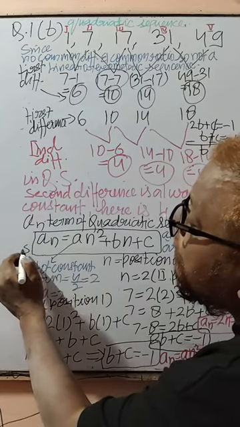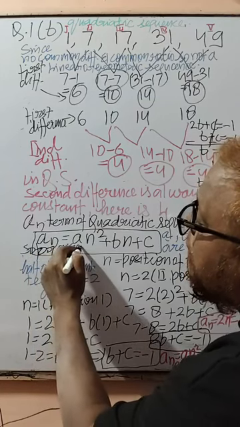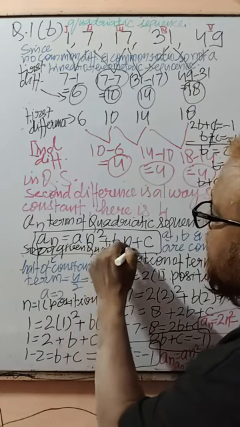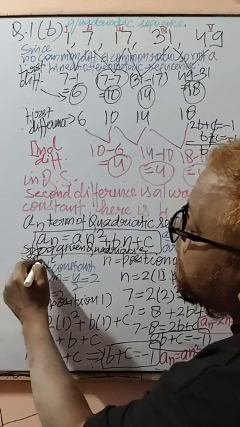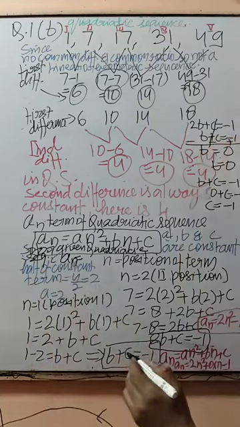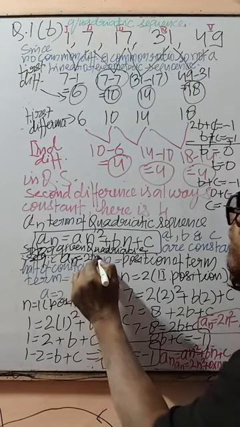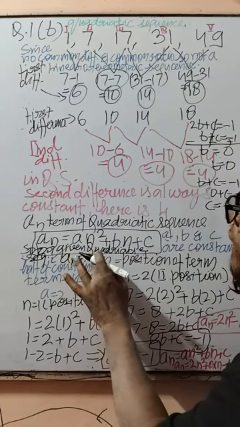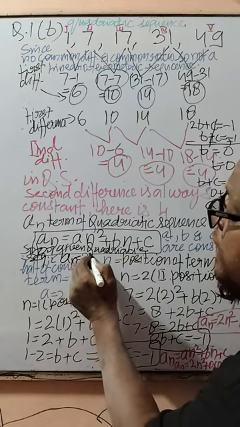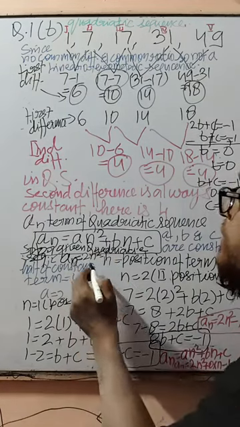So for the given quadratic sequence, the nth term is 2n squared minus 1, right?